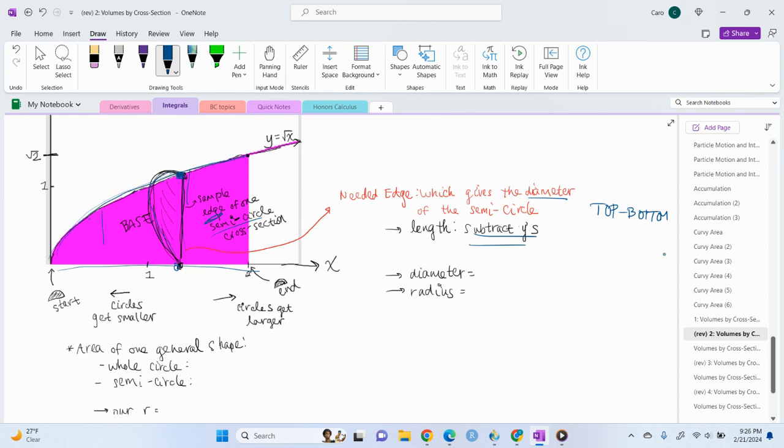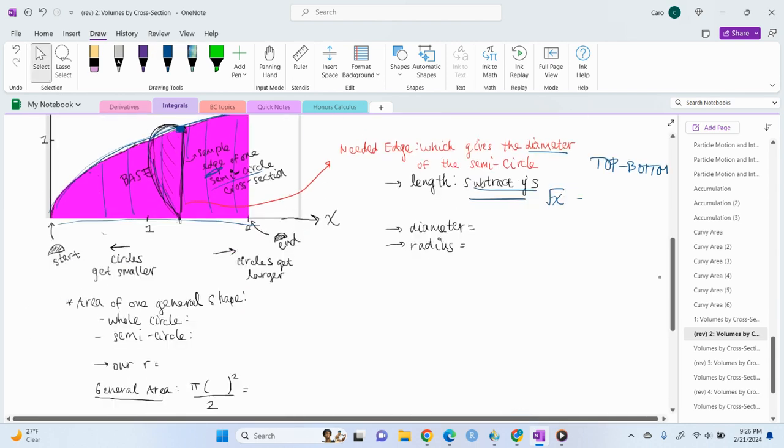My diameter is getting larger and larger as I go, so I can't just put a number here. That y value is square root of x because it's on the curve, minus the y value down here, which is always 0. So I have square root of x minus 0, so square root of x. The diameter is the square root of x. That's what I just found here.